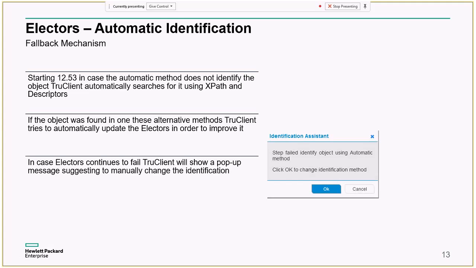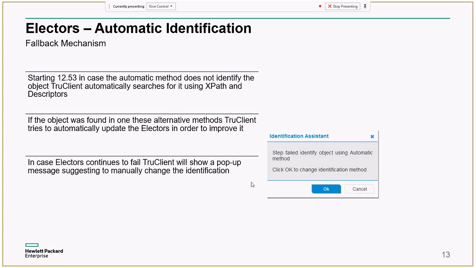And in case it's found, we automatically try to update the description of the element's identification. If we find that UI element right after that, we improve it and save that data into the repository.